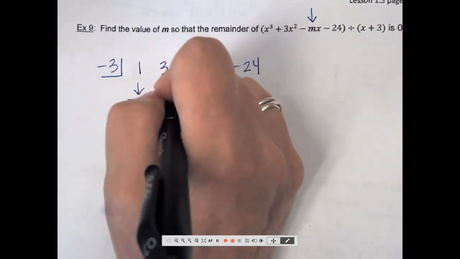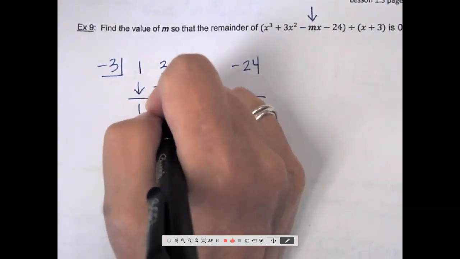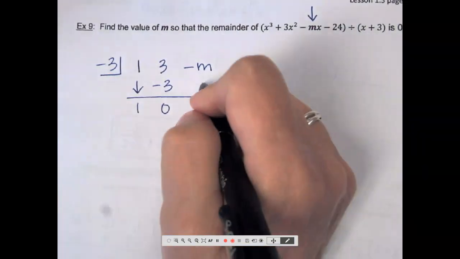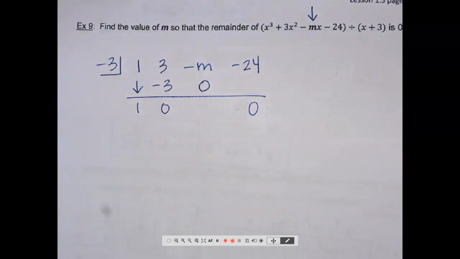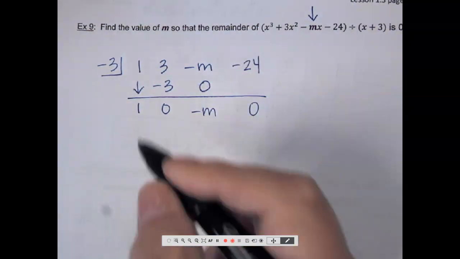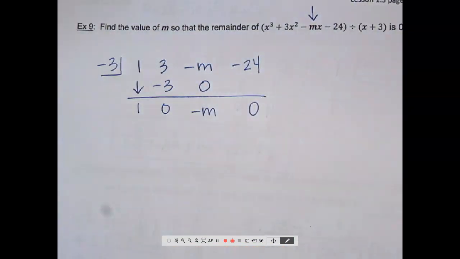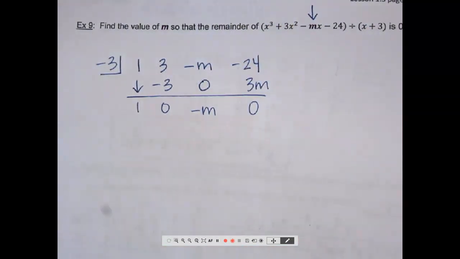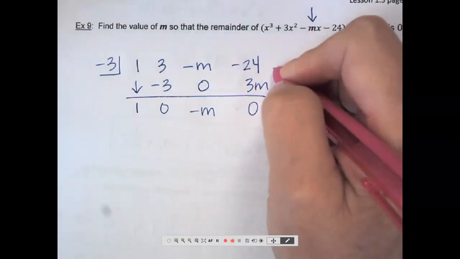Put that in the next column, and I add, and I get 0. Negative 3 times 0, put that product in the next column. What's negative m plus 0? Negative m. What is negative 3 times negative m? Positive 3m.